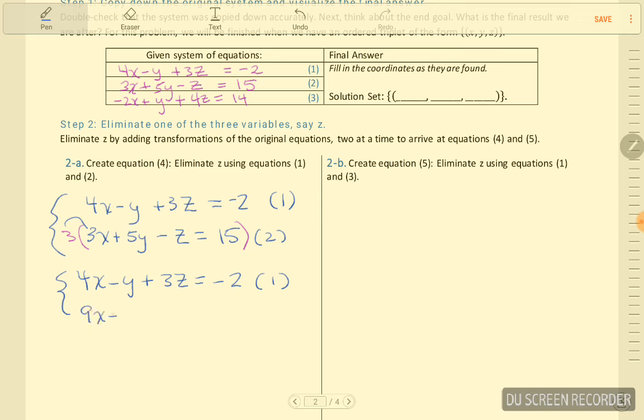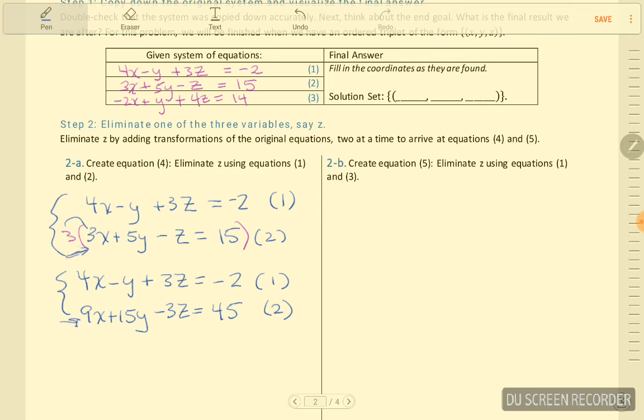So I'll have 9x plus 15y minus 3z equals 45. So that's my second equation, just now in a new format. So that's an equivalent equation. If I were to be able to graph this, although it's 3-dimensional, so I'm not going to, this would look exactly the same on the graph as this would.